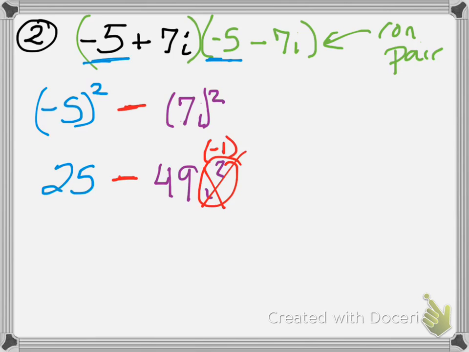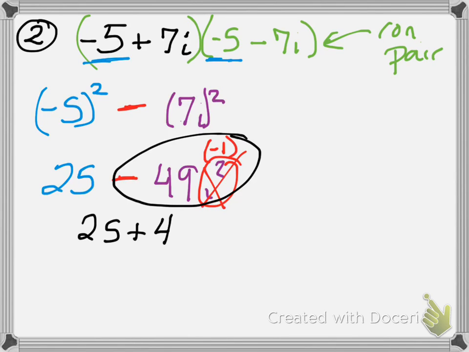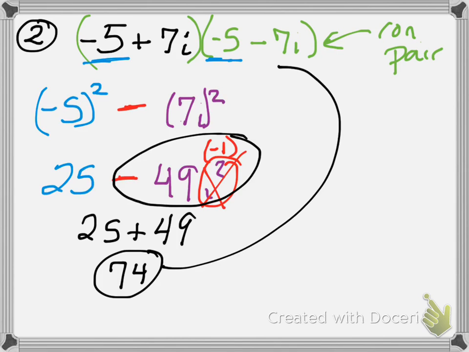And so our final answer is 25 minus a -49 times -1. What's this number when we multiply those two together? So plus 49. And so that's going to give us 74.